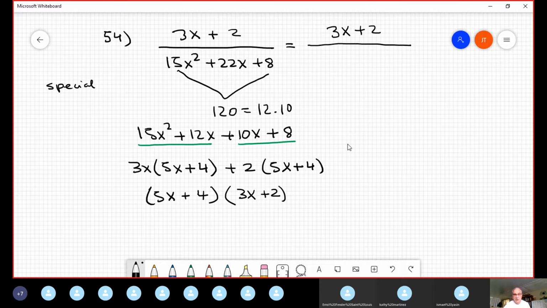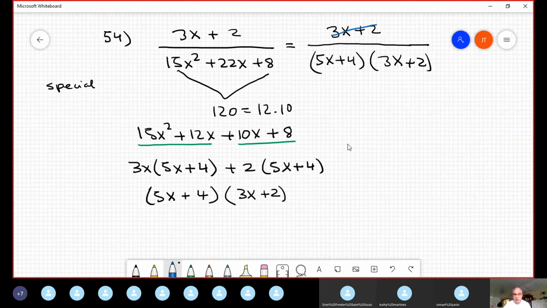And the bottom, I did the factorization: it is 5x plus 4 and 3x plus 2. And you can see that we can delete something, yes or no? Cancel out. Absolutely, you cancel out this 3x plus 2 and this 3x plus 2, the same. When you have any expression divided by itself, it's 1, and 1 is invisible. So my question, what is the final answer, please?